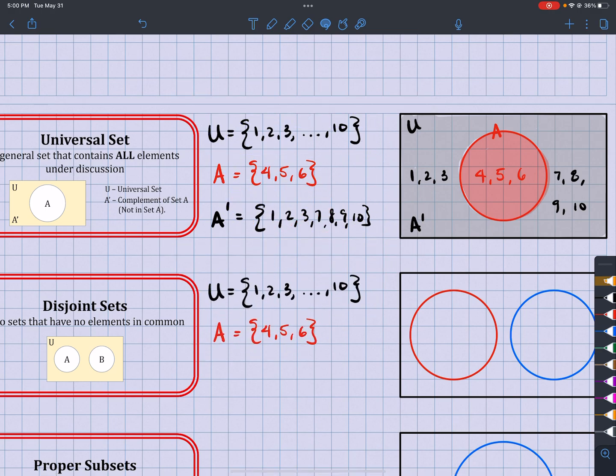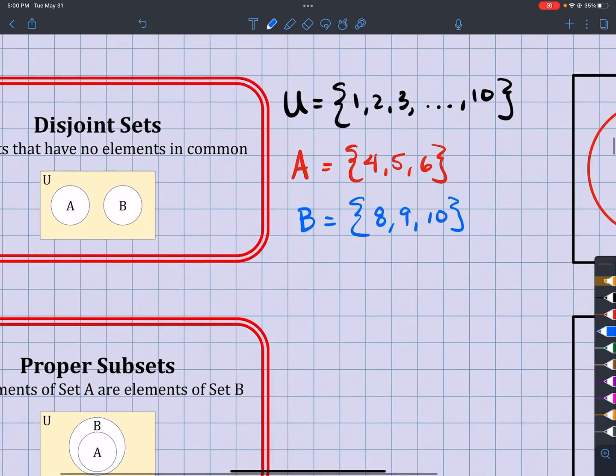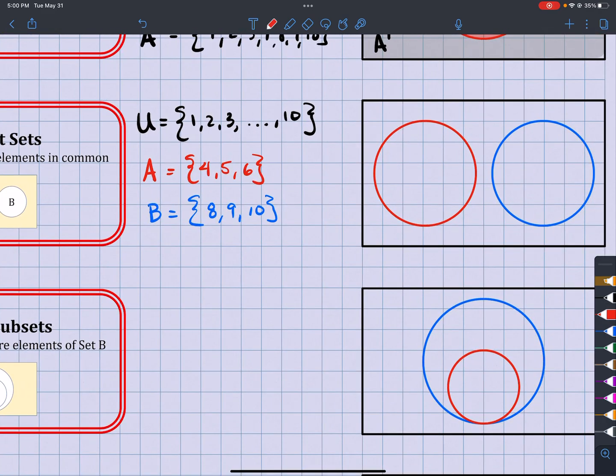I'm going to bring that down, and let's talk about disjoint sets. Disjoint sets means that set A and set B have no elements in common. So set B would have to be something like 8, 9, and 10. I'm just choosing those numbers to give you examples. In this case, my A is 4, 5, and 6, and my B has 8, 9, and 10.